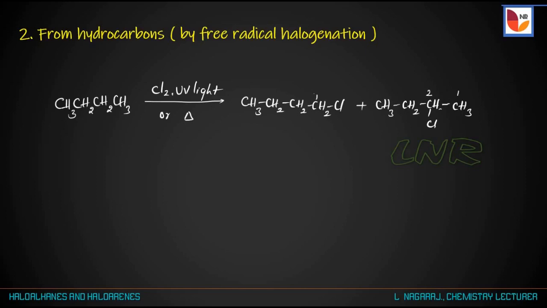Hence the molecules are named 1-chlorobutane and 2-chlorobutane. That is, when hydrocarbons undergo free radical halogenation in the presence of sunlight, they give isomers which are difficult to separate as pure compounds. Consequently, the yield of any one isomer is very low.